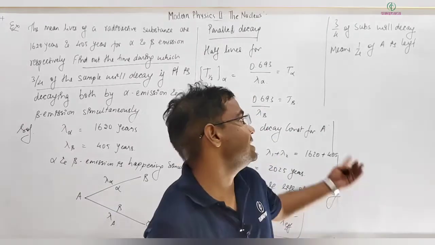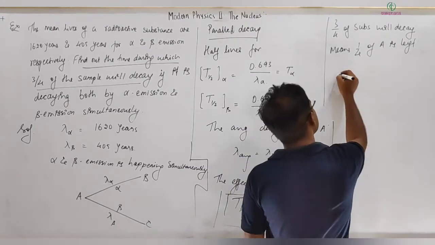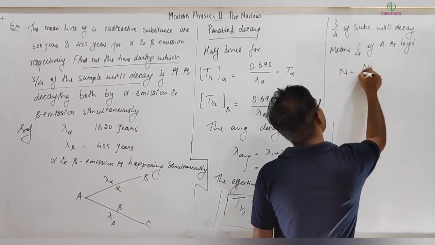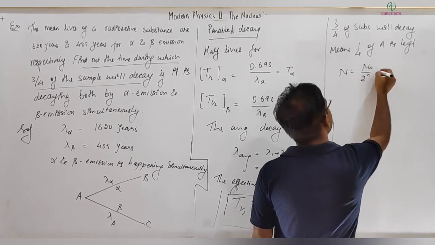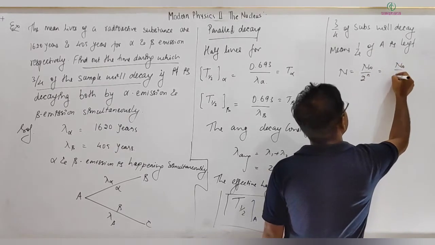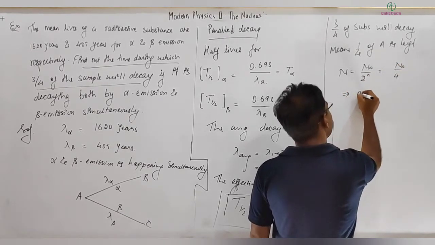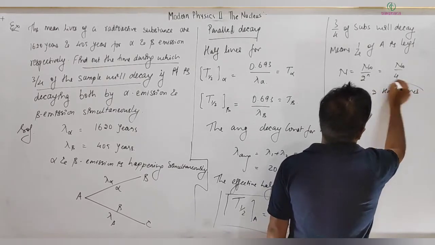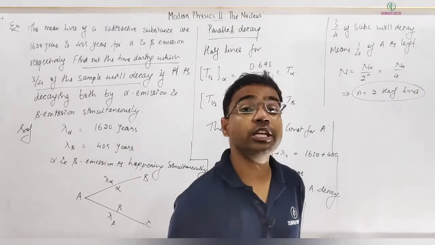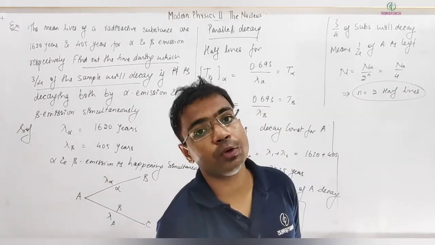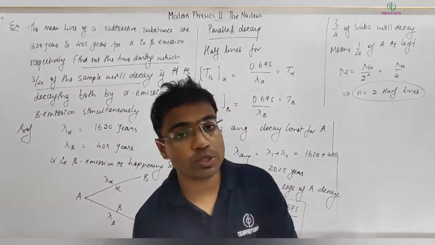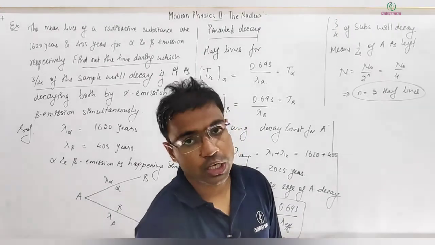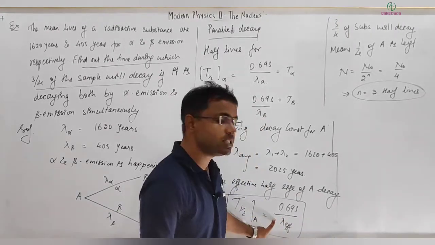We can directly use N equal to N naught divided by 2 to the power n, so this is N naught by 4. This implies n equal to 2 half-lives. So the duration by which 3/4 is decayed and 1/4 is left is equal to 2 half-lives, and we know the half-life is equal to this.